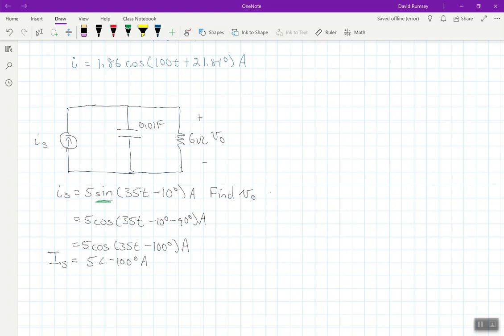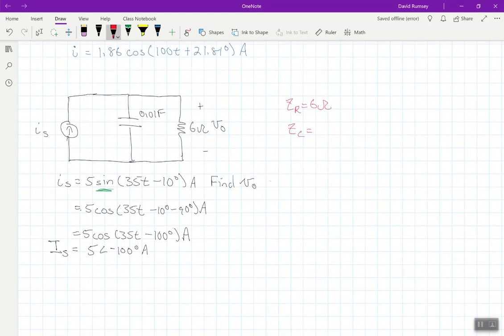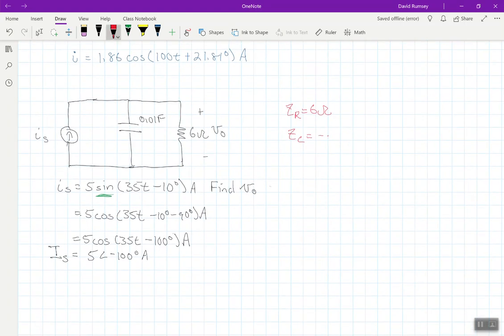So we now need to find the impedance of my components here. Well, the impedance of the resistor is easy. That is just still 6 ohms. And the impedance of the capacitor is equal to minus J over omega C. And in this case, this would be minus J. Well, where's my omega?